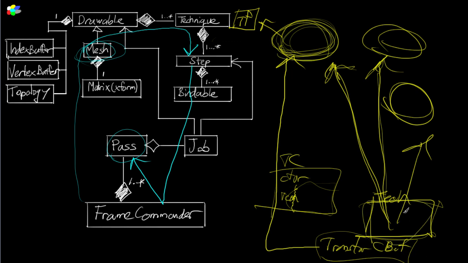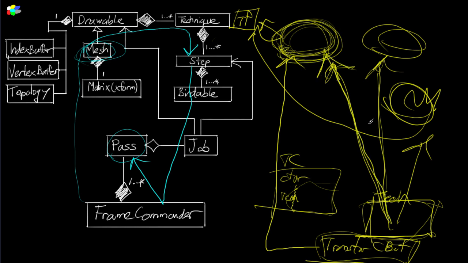Because if we're templating this technique, we're copying it. If this transform cbuff has a pointer to a specific transform, if we copy it here, when we draw this mesh, it's going to get this transform. It's going to be drawn in the wrong position. So what initialize parent references does is when you add a technique to a drawable, it goes through that technique, it goes through all the steps, and if there are any bindables that need a reference back to the parent drawable, it will initialize that reference.